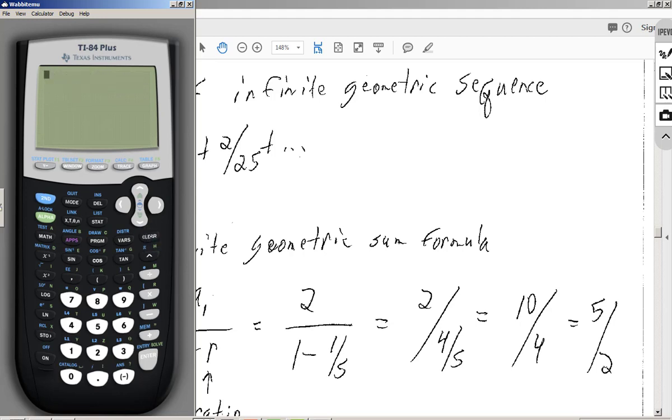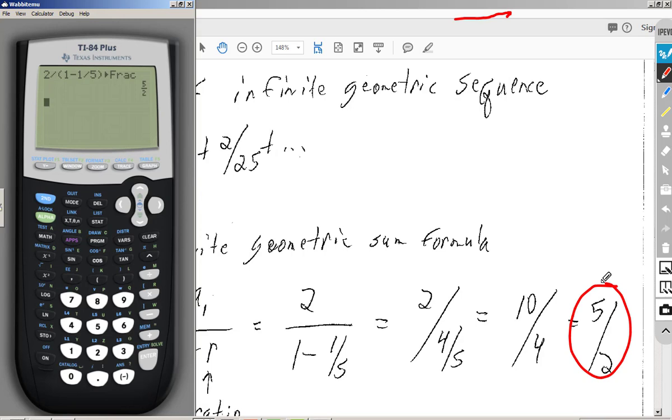You're just going to take 2, divide by, and you're going to put parentheses around 1, minus, and then we got 1/5. And since our problem was given to us as a fraction, we're going to change it to a fraction. So then just hit your math key, and then hit number 1 for fraction, and it'll give you your answer as a fraction. So here is our answer of 5/2.